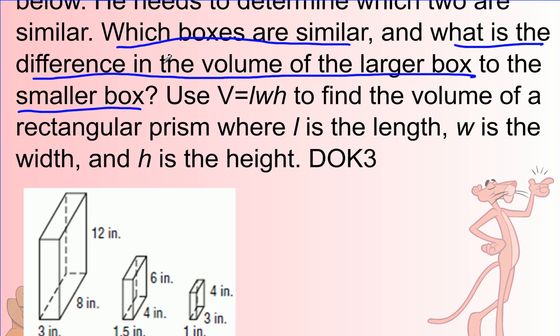So to find the difference of the volumes, difference means subtract. So I'm going to have to subtract the volume of the bigger box to the little box. So volume of the big minus the volume of the small will give me my difference.